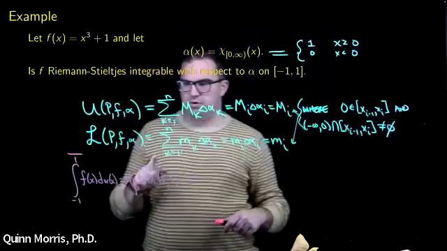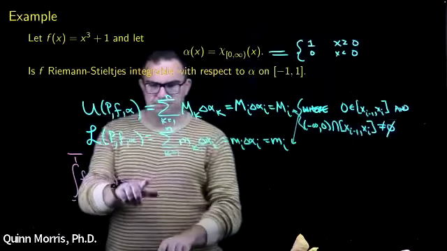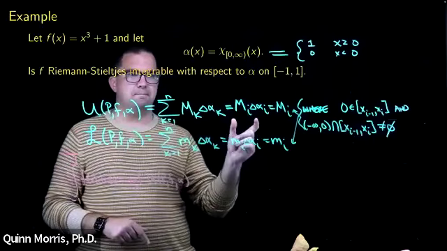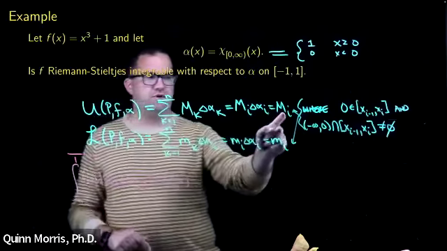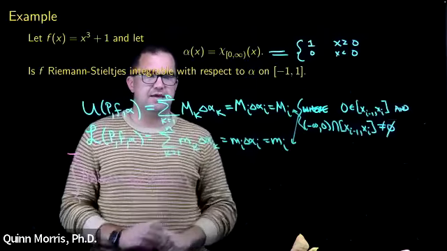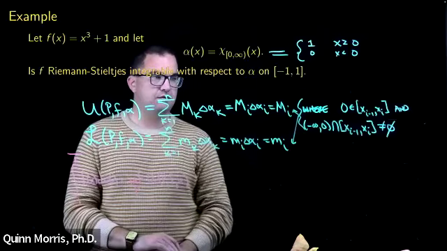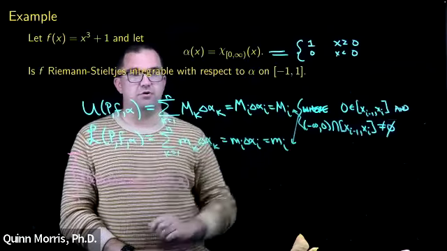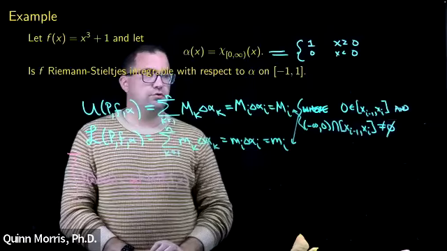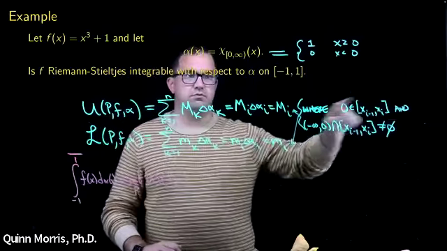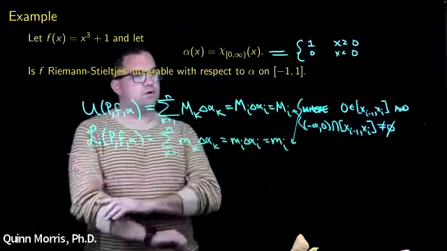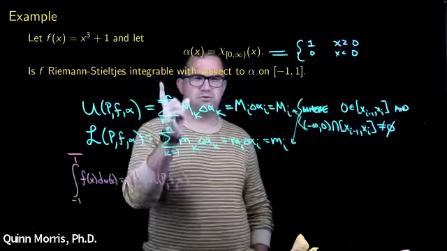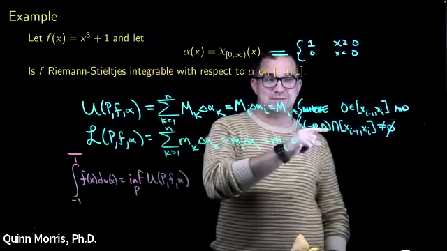All right, so let's think about this. I know that each of these upper sums is just the maximum value of the function. This M sub I is defined to be the supremum of the function over this subinterval. So how do I want to look at the infimum? I want to minimize these maximum things.